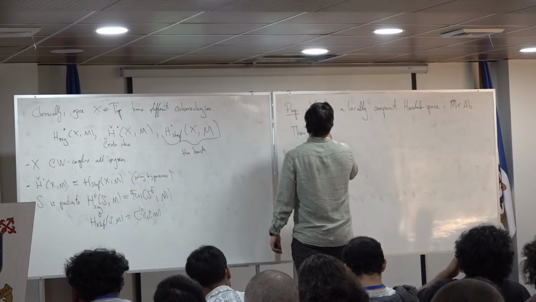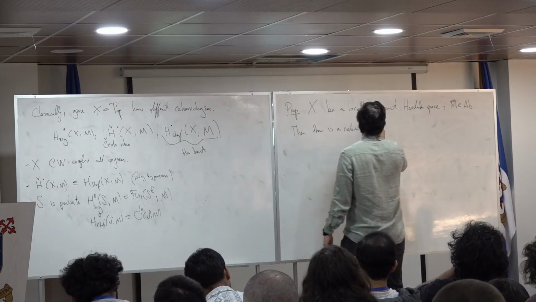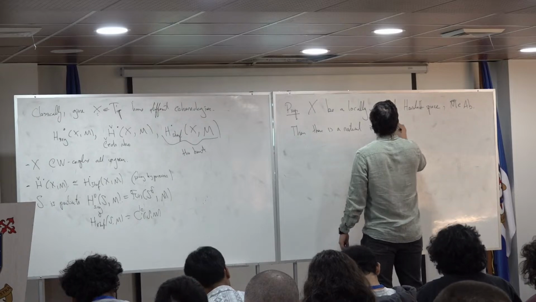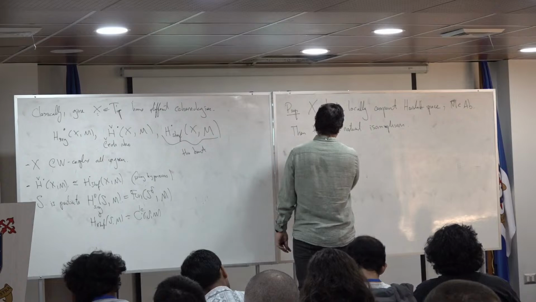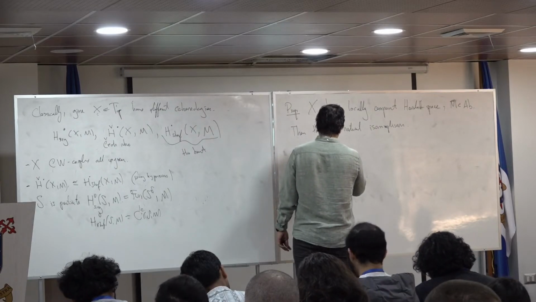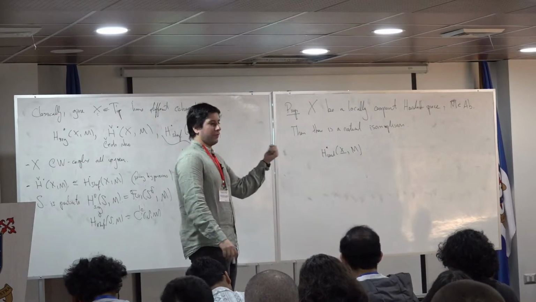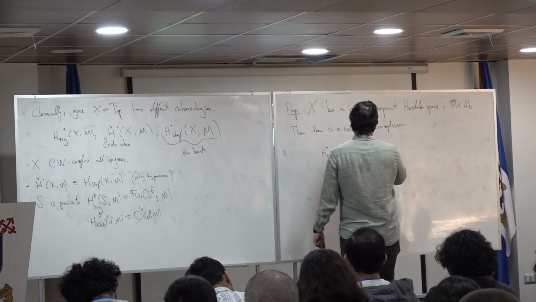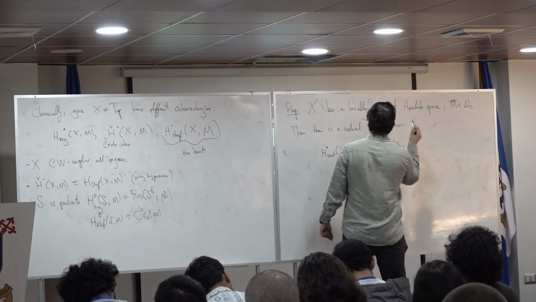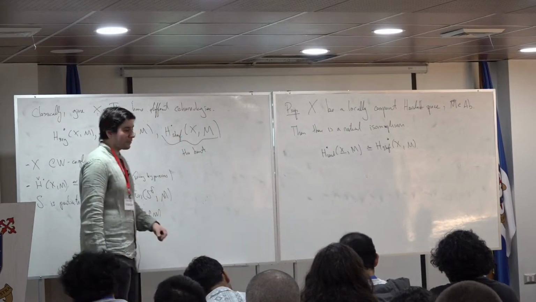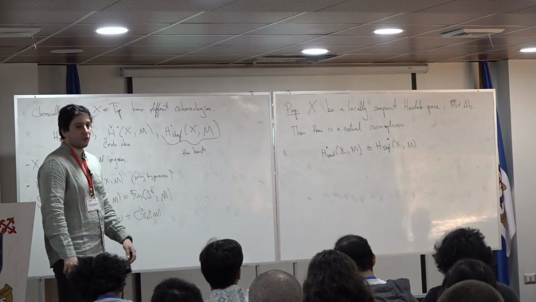Then there is a natural isomorphism between the condensed cohomology of X, which I've just defined using these Ext functors, and the sheaf cohomology of X as a topological space with values in M. So indeed, condensed cohomology also recovers sheaf cohomology.